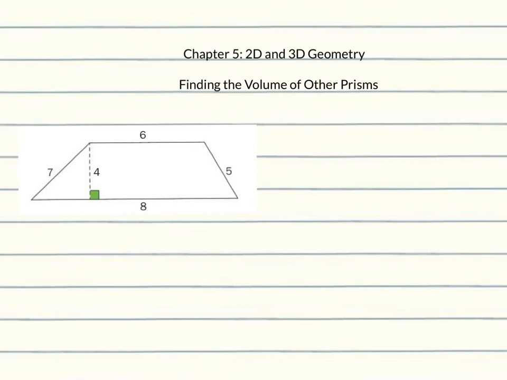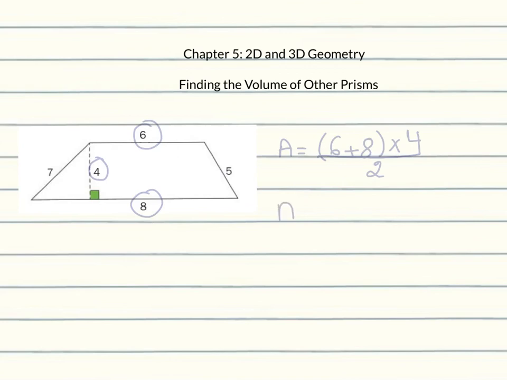To find the area of a trapezoid, the area is equal to base 1 plus base 2, this means 6 plus 8, multiplied by the height of the trapezoid, and that's 4, all divided by 2.